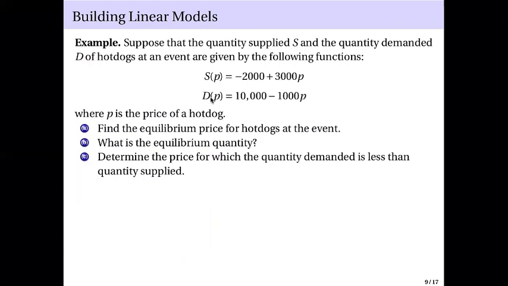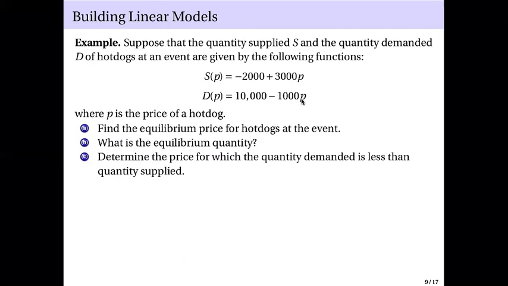On the other hand, look at the demand function. The coefficient of P here is negative. So if the price is higher, there will be a higher negative here. Therefore, you will have 10,000 minus a higher negative, and the demand becomes smaller.